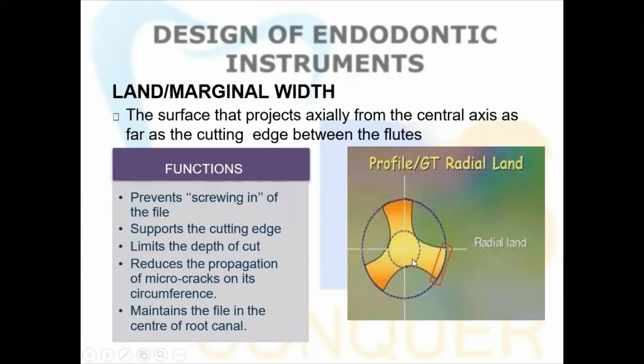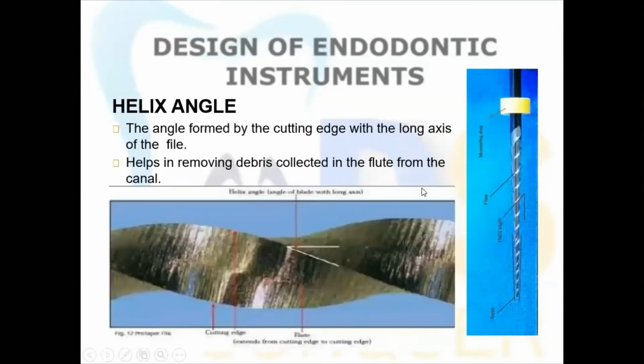The main function of the radial land is that it supports the cutting edge or blade, prevents the screwing-in effect of the file, and maintains the file in the center of the canal.